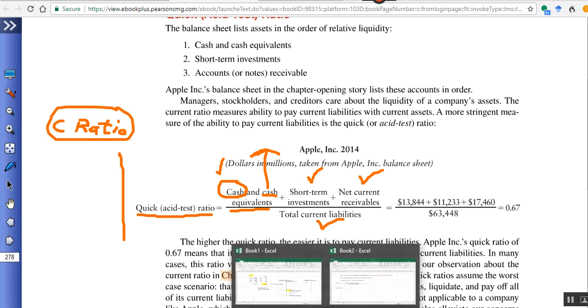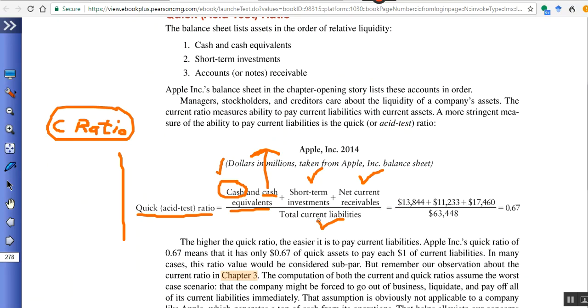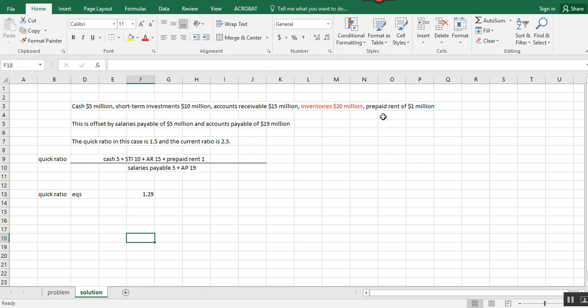What is considered a cash equivalent in the example we just worked is, for example, short-term investments. They have a category for short-term investments, so you have short-term investments, current receivables, and then prepaid rent, for example, is considered a cash equivalent.